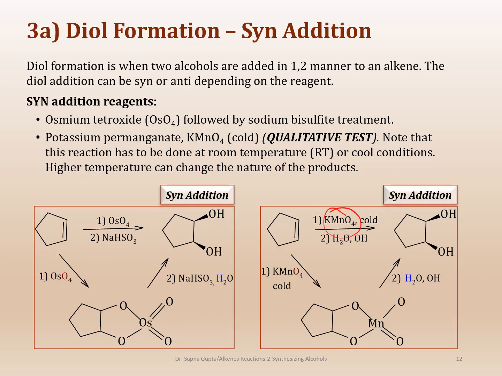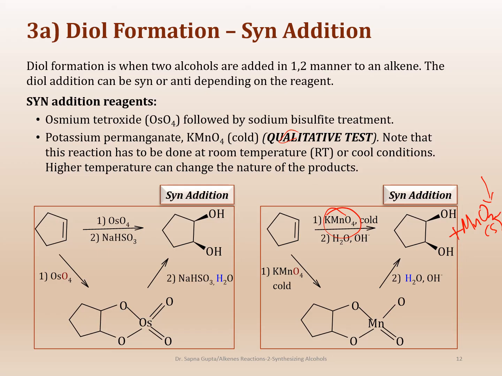So in this case, and I'm explaining this one because this is a qual test, you also end up getting MnO2. MnO2 is a side product, which is a solid. So that's a precipitate that forms, and it's a brown colored precipitate. Which means that you can very easily use it as a qual test to know if you have an alkene or not, because when you add it, you get a precipitate and a color change, because the purple is not going to be there anymore.